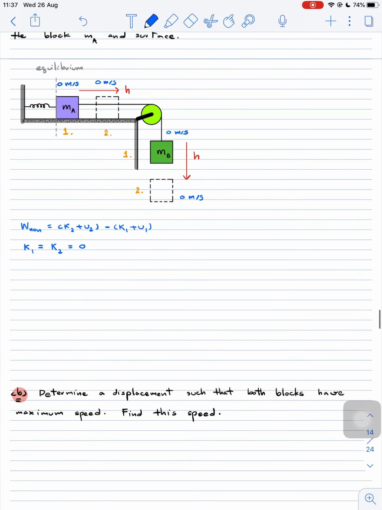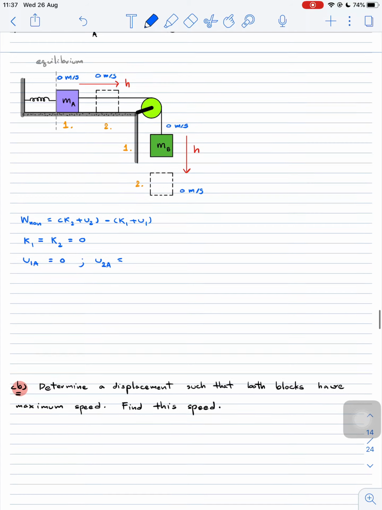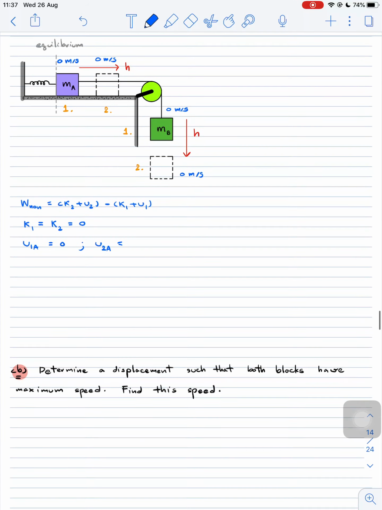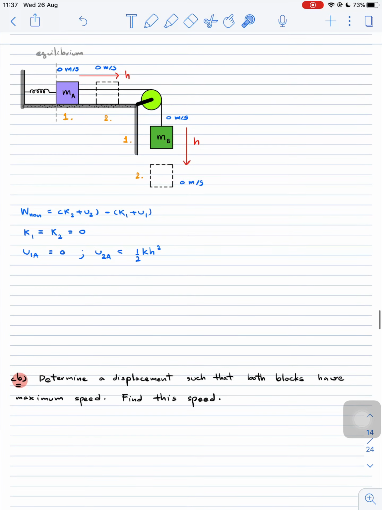So then you can see that the U1 of block A is equal to 0. But the U2 of block A, the final potential energy, equals 1/2 K times H squared, because H is the extension of the spring.